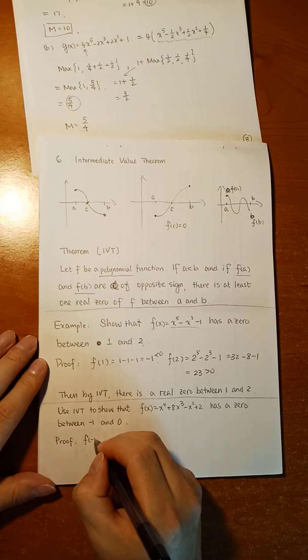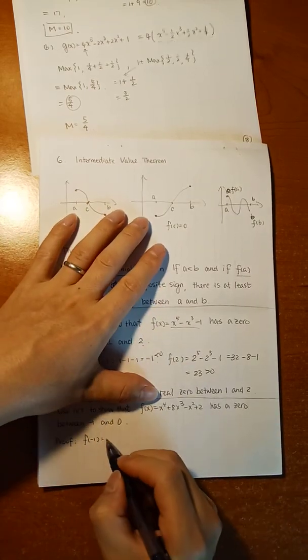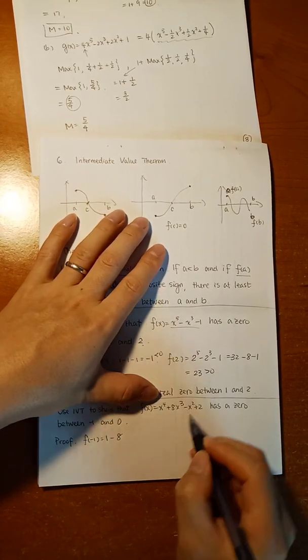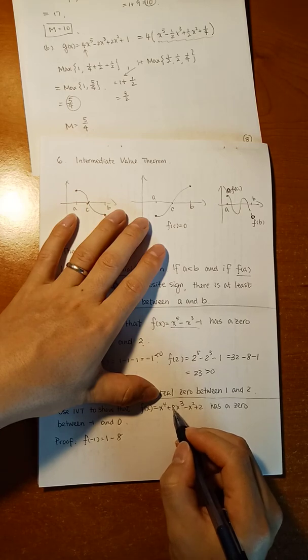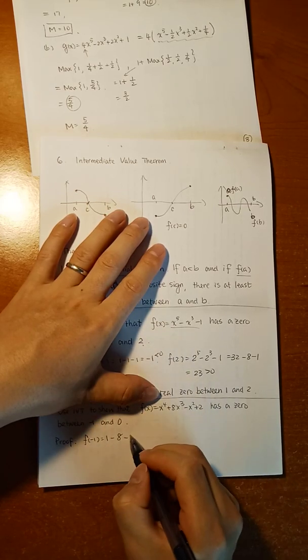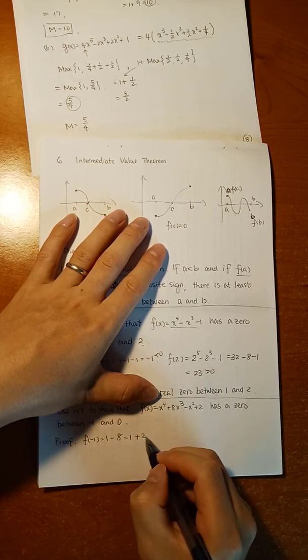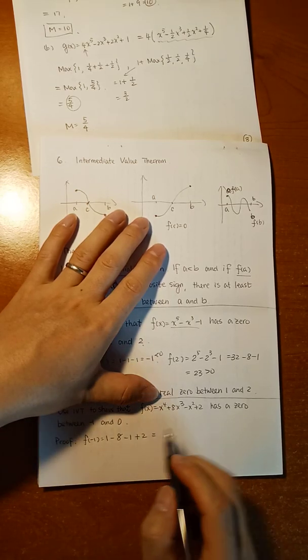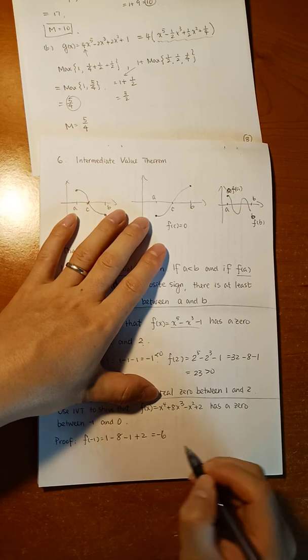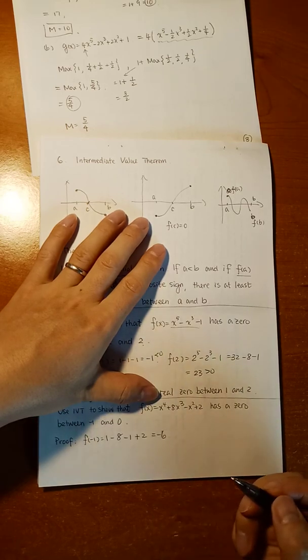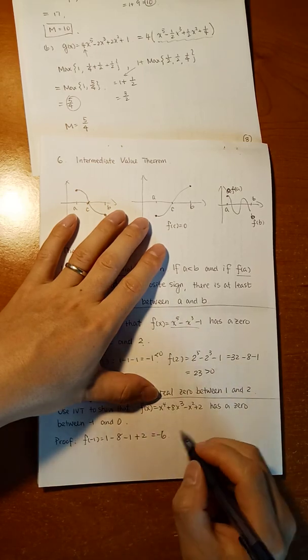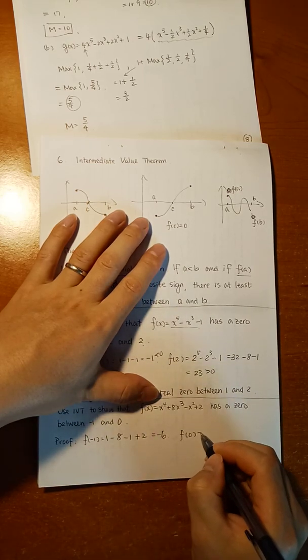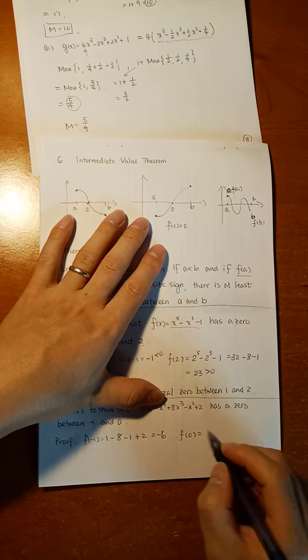Let's check f(-1). This is 1 minus 8, since -1 cubed is negative, times 8 is negative 8. Minus 1 and plus 2. So it's -6. Am I right? Yes, -6. And f(0) is 2.